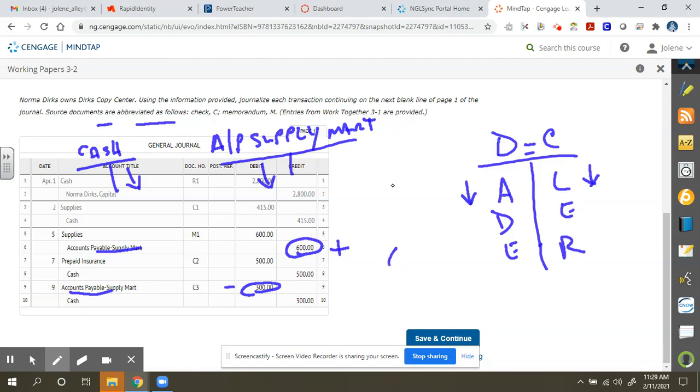So now we go and look at the ledger, which is like an index card for the account, and it shows that we owed them $600 on the 5th. But then it shows that on the 9th, we paid them $300. So now we only owe them $300.